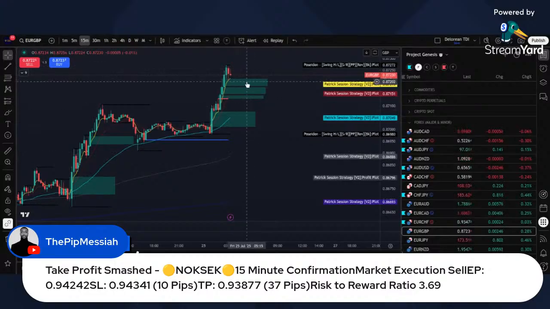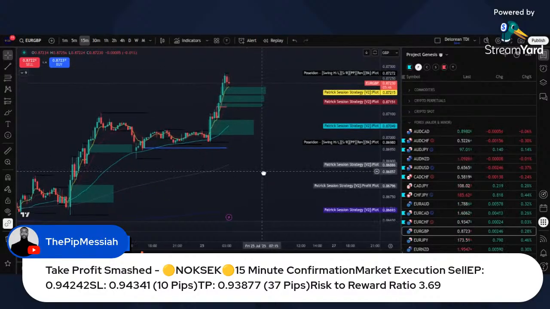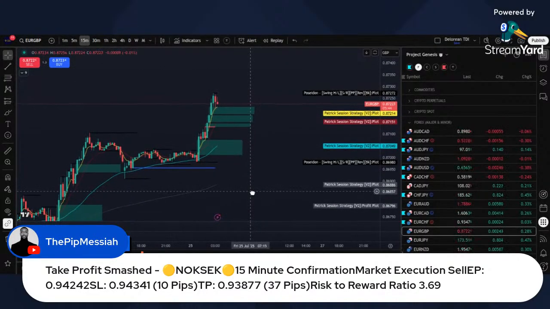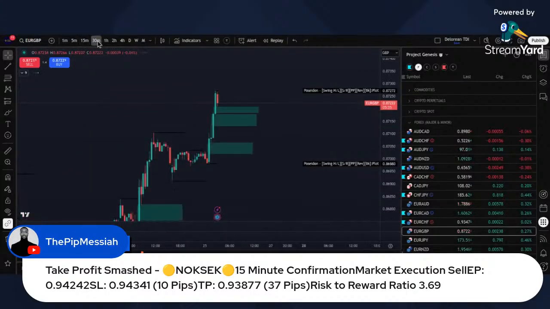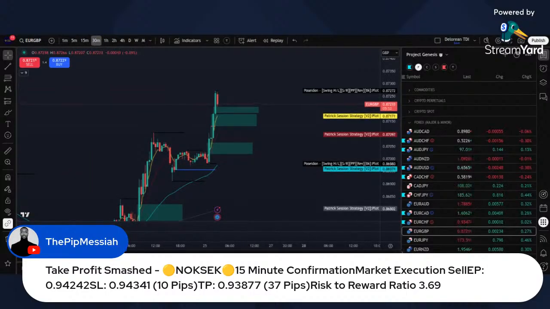Oh yeah, there's quite a lot of support below current price. I wouldn't necessarily say it's going much of anywhere. It's only gone 24 pips for the day. It is an uptrend though.